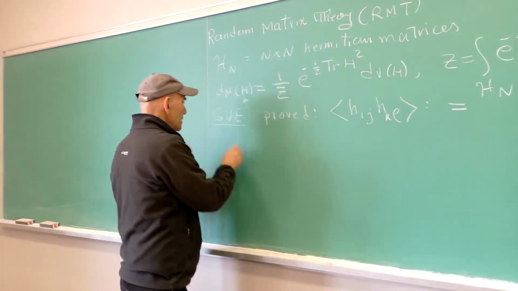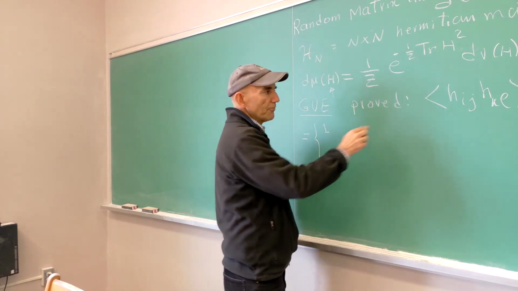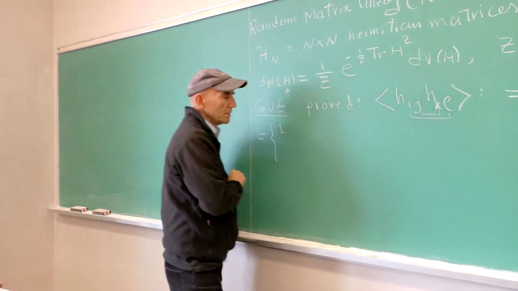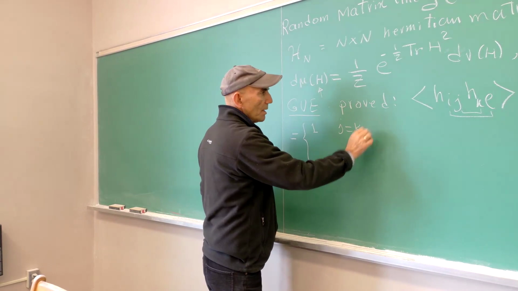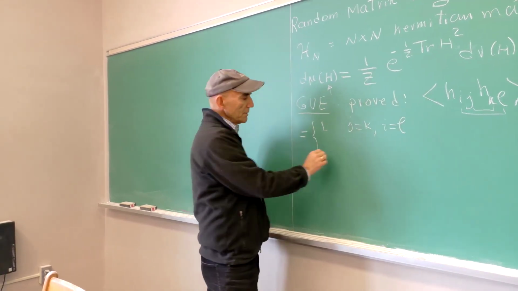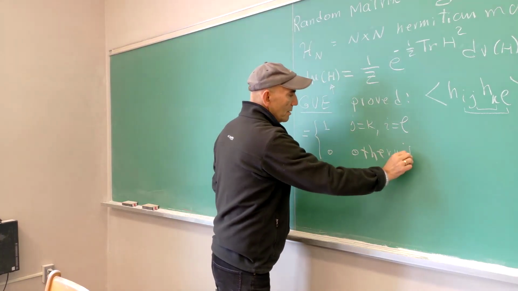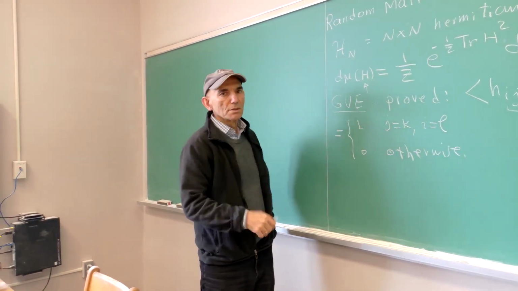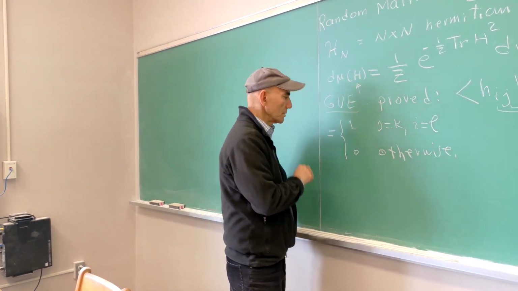We calculated this. We saw that this is equal to 1 only if j equals k and i equals l, right? And is 0 otherwise. We saw that by writing this in terms of the components x_ij, y_ij.